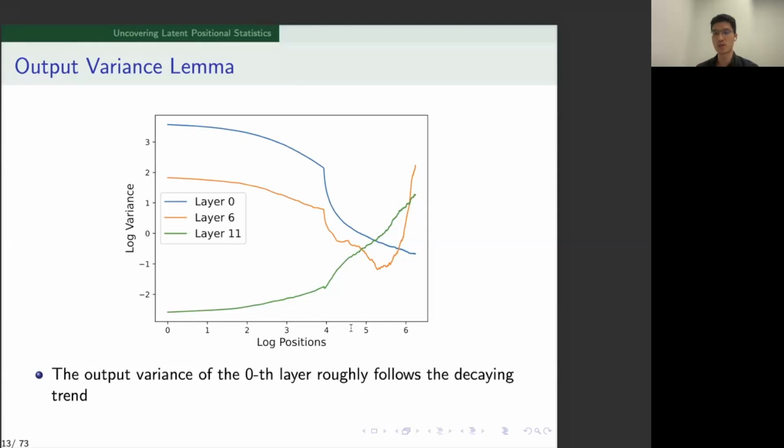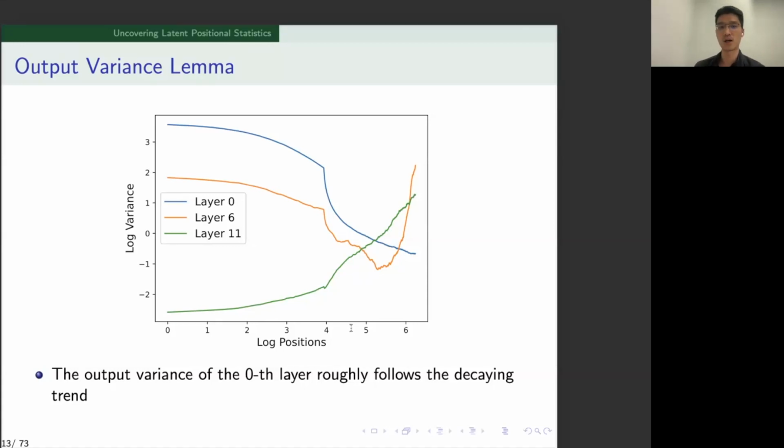But at layer 6, maybe the model decides to look at only 10 tokens for, I don't know, token number 4,000. It only looks back 10 tokens, from 3,990 to 4,000. And that violates the assumption I made for the first layer, which is that the model will continuously look at more tokens as the positional index increases. That's just my explanation, and I'm not exactly sure why this happens.